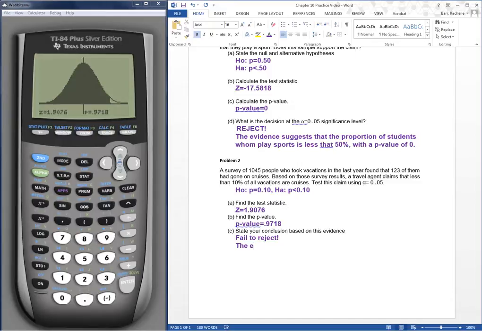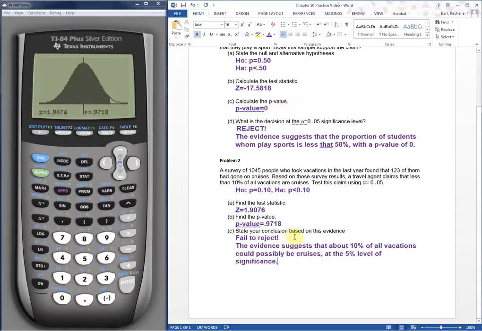The evidence suggests that about 10% of all vacations could possibly be cruises. See, I'm very non-committal with this, possibly. At the 5% level of significance.